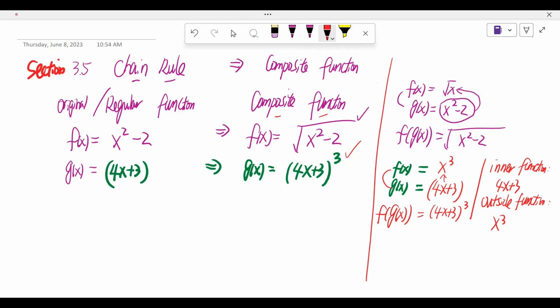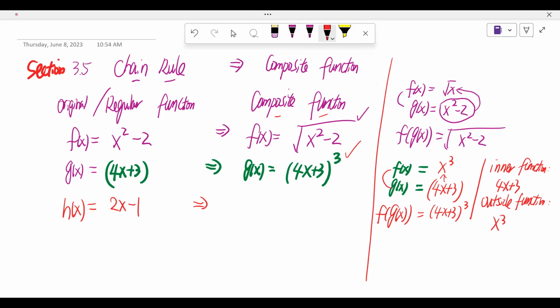And then a third scenario could be h of x equal to another function. Let me think about it. Let's say h of x is 2x minus 1, something like that. This is the original function.